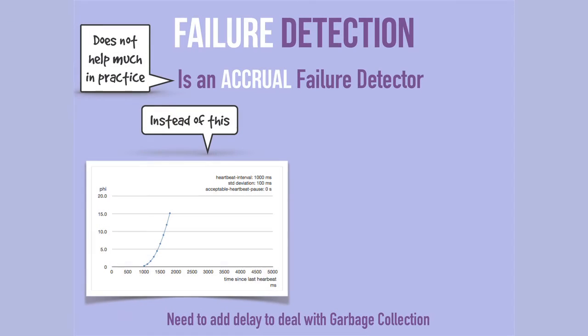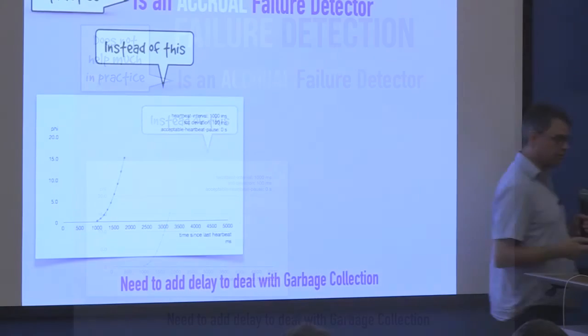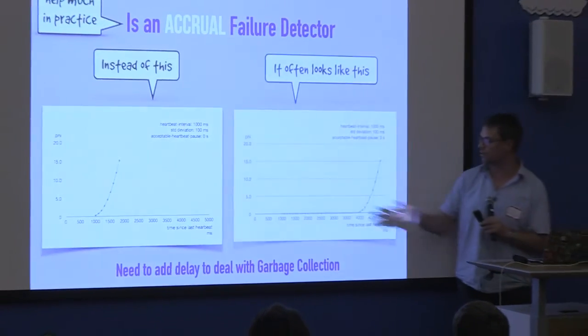We are actually using an accrual failure detector, but the interesting thing is that, probably because we run on Java where we have GC and so on, it actually doesn't help much in practice, because usually GC takes precedence over network hiccups. In an ideal case, we would see something like this, as an optimal configuration for our failure detector. But instead, usually it looks like this.